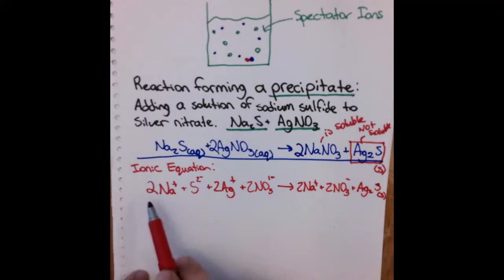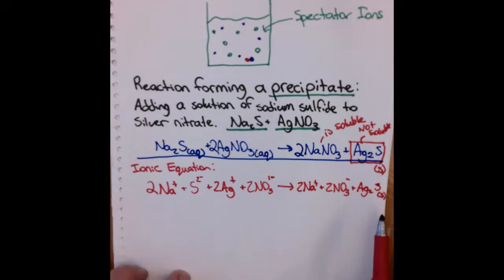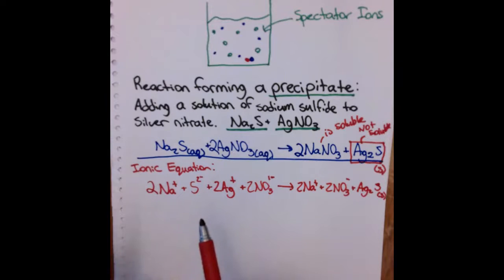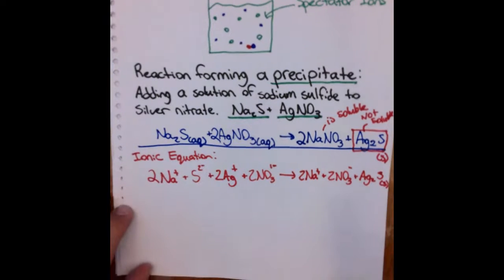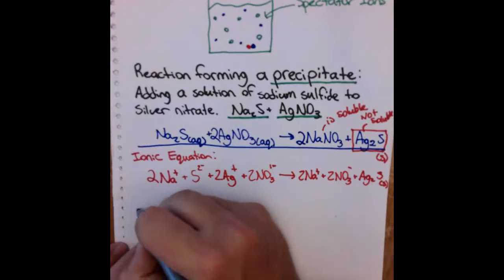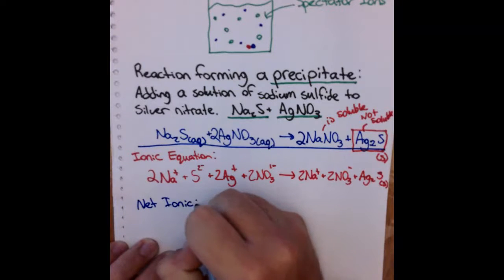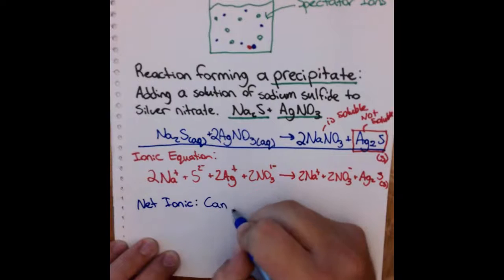Now looking at all of these things, this is our ionic equation. In order to make our net ionic equation, what we have to do is cancel out all of our spectator ions. So cancel spectators.